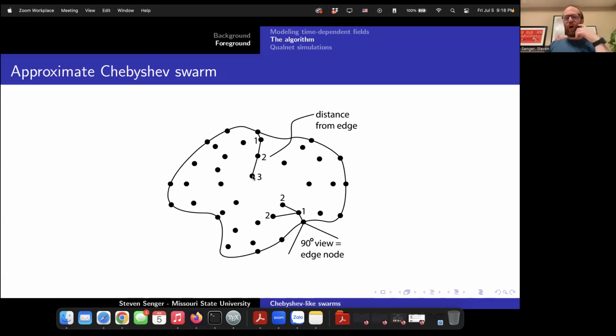And so the higher your distance is from the boundary, the more you're going to want to be away from other agents. And why is that? Because again, we have an approximate Chebyshev. We want to make sure that whatever distance robots are from each other near the boundary is closer than the distance between robots when they're close to the center.